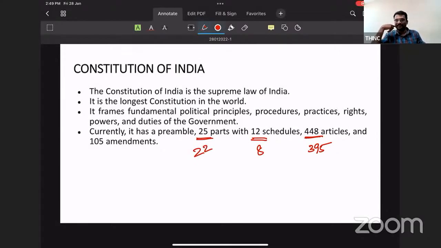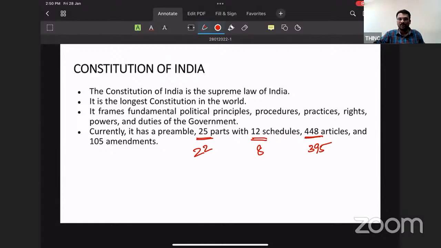I didn't mention Ambedkar, isn't it? He is the father of the Indian constitution, we can say in that way. He was the chairman of the drafting committee of the Indian constitution. Dr. B.R. Ambedkar was the chairman of the Constitutional Drafting Committee, and he researched a lot.